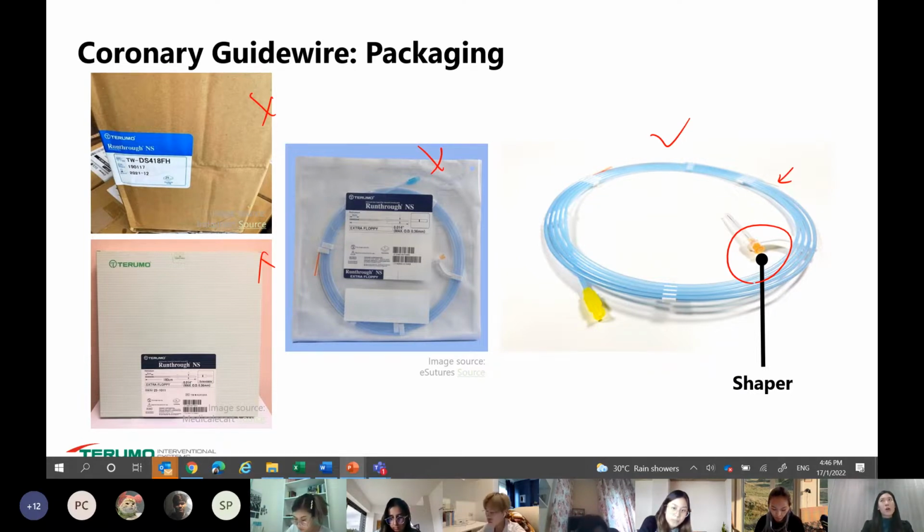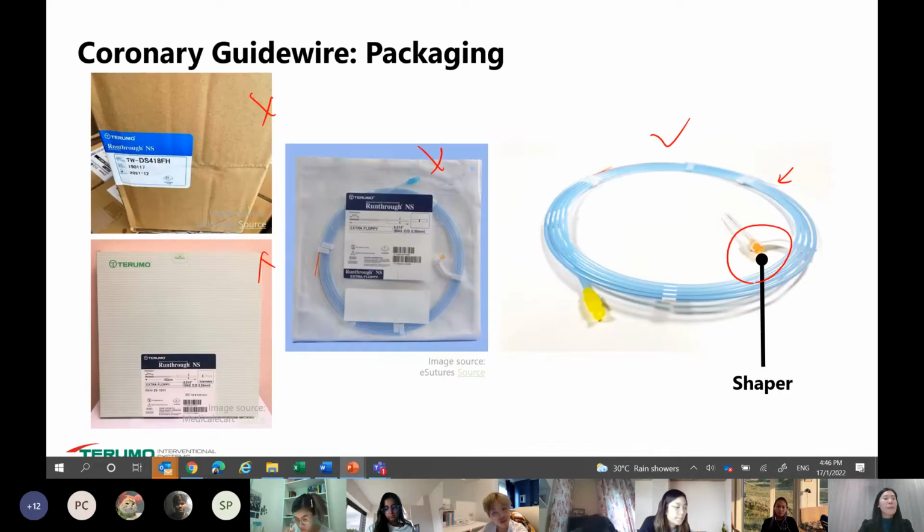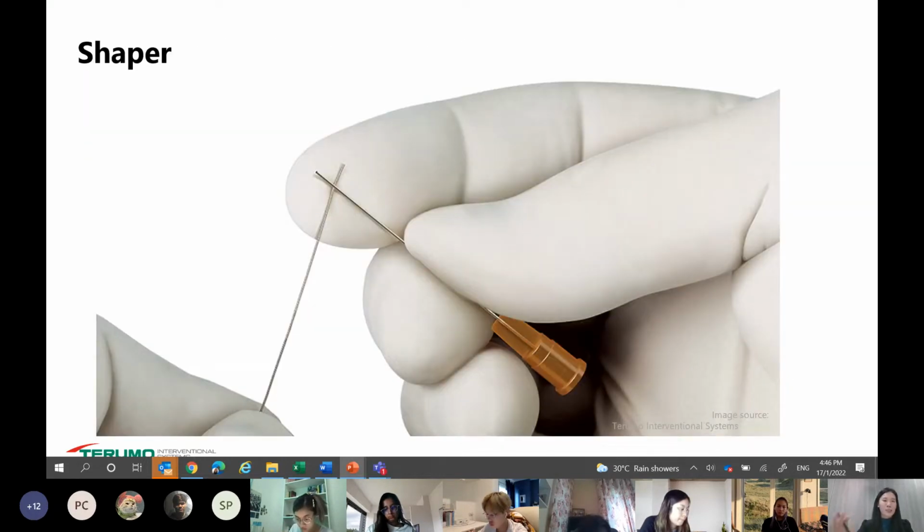Because your lesion is always slightly different, your angles, your coronary arteries are a bit more complex, typically the operator can shape the tip. That's why the tip is flexible and shapeable. They will either use this shaper, their hand, or an insertion device, not insertion sheath, puncture needle, to shape the wire tip.